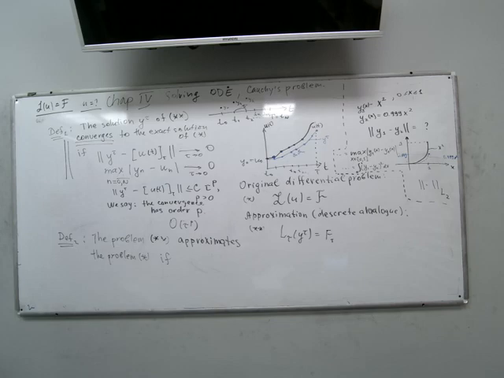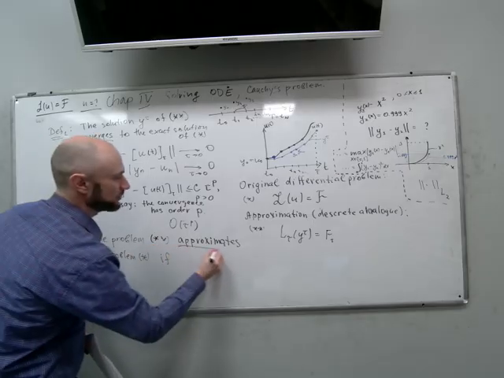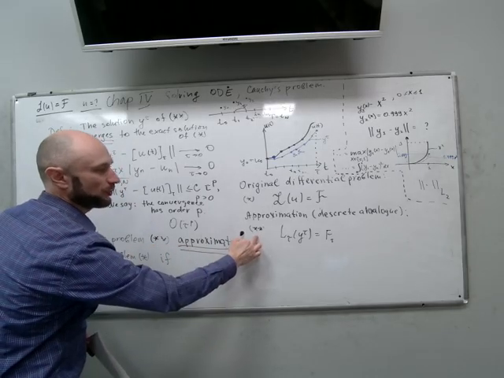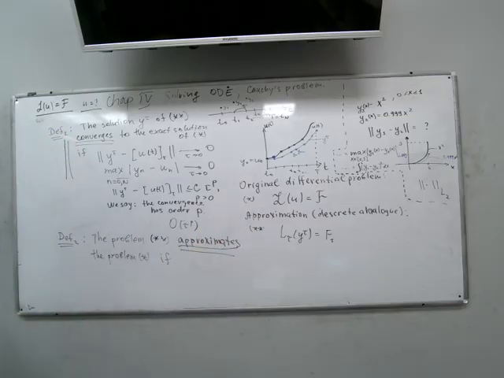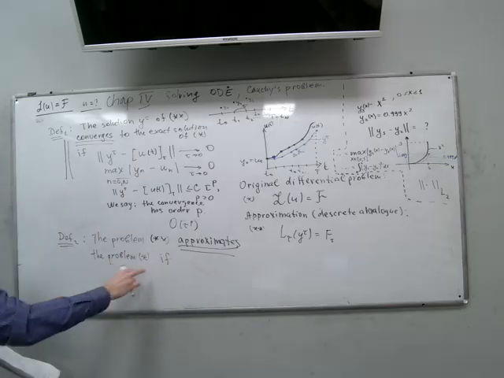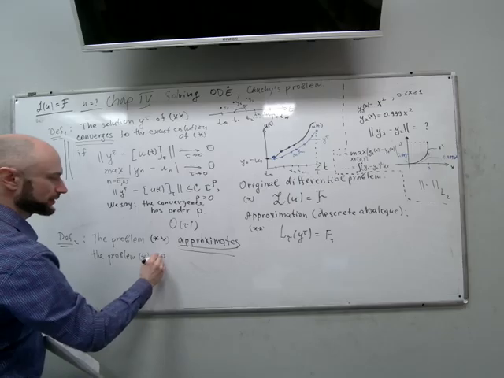how would you define the approximation property? So approximates means that this problem is close in some sense to this problem. How would you define it? On its exact solution.